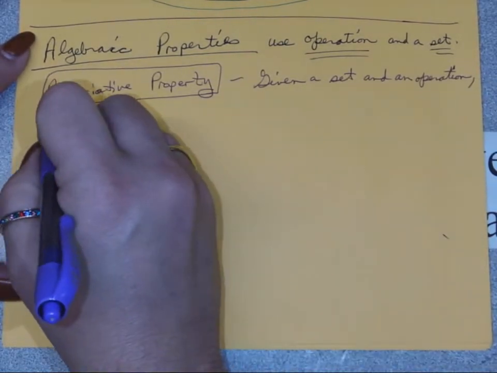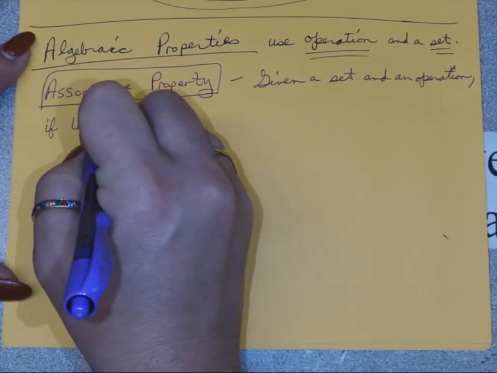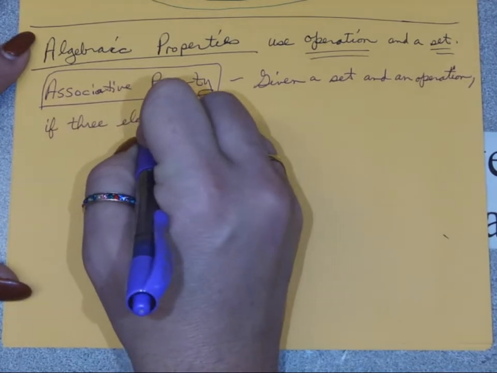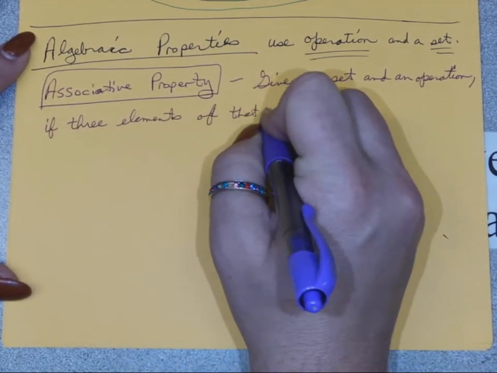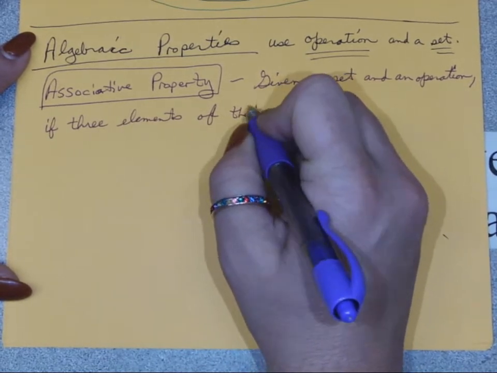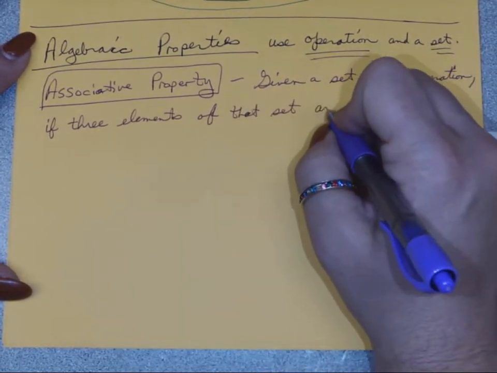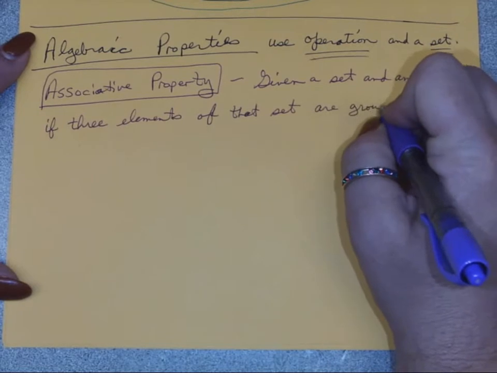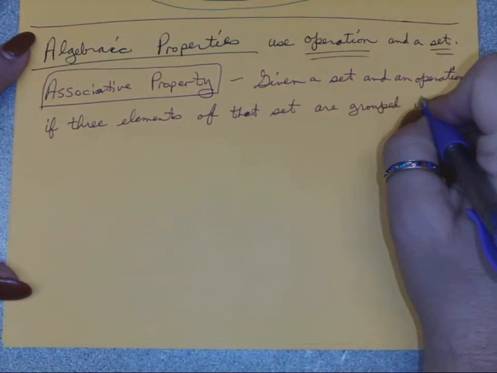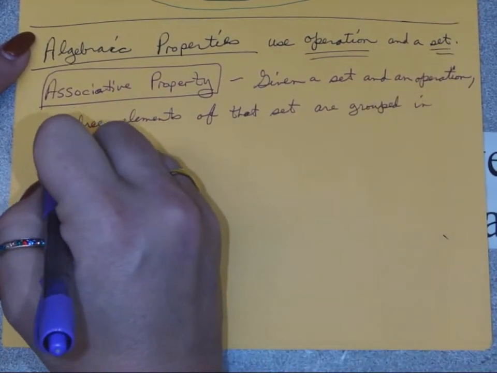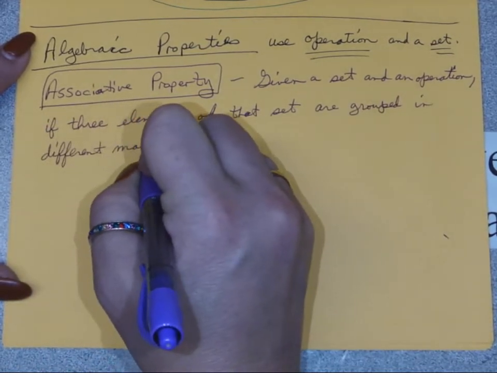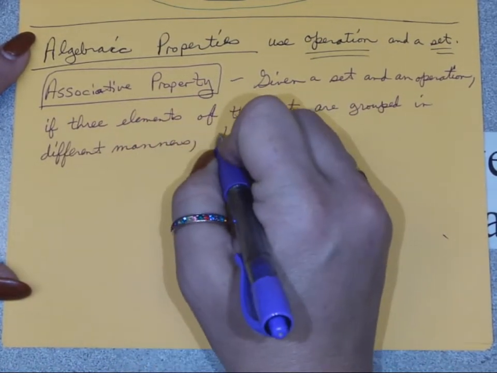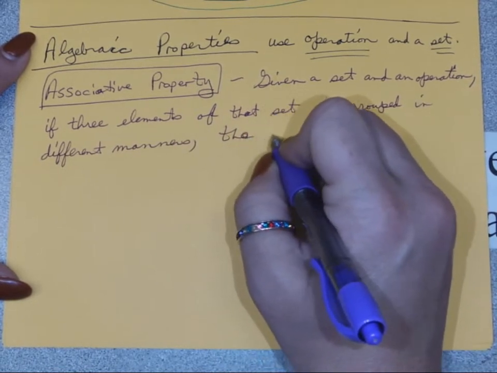So it says if three elements of that set are grouped in different manners, the outcome is still the same.